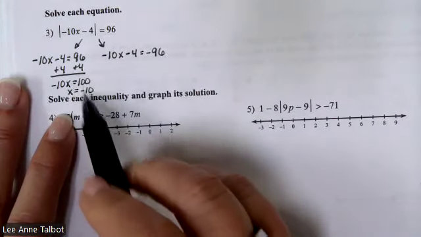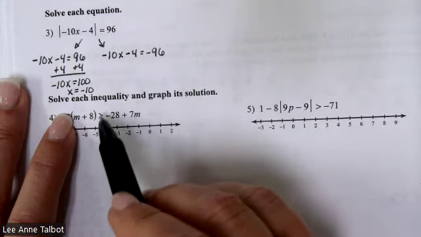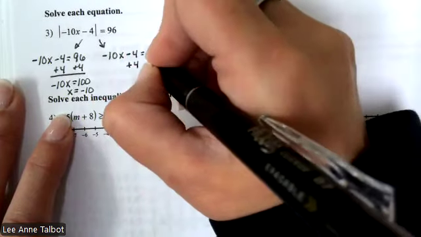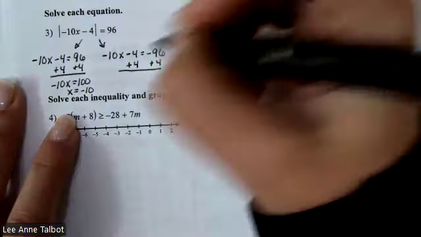Just for space purposes, are you guys okay with me dividing by negative 10 on both sides in my head? Are you okay? Feel like maybe I could have space barred this one a little bit.